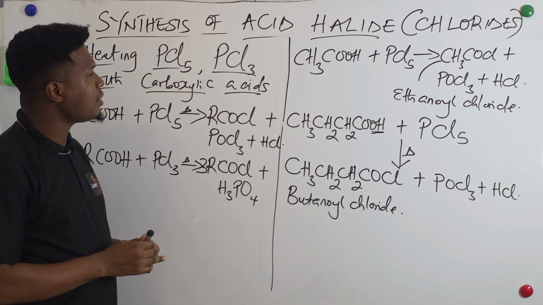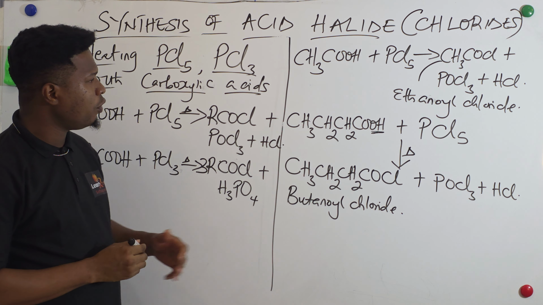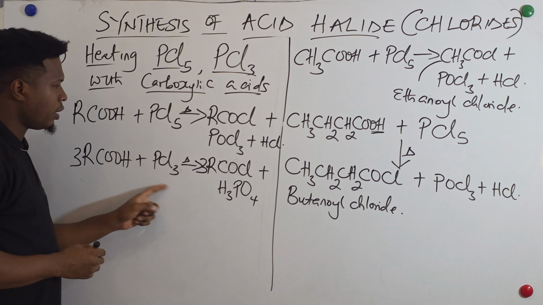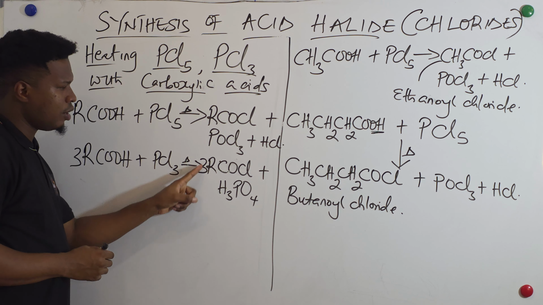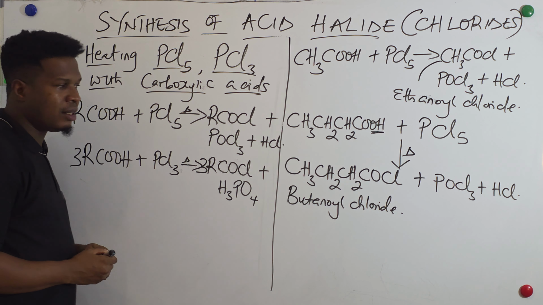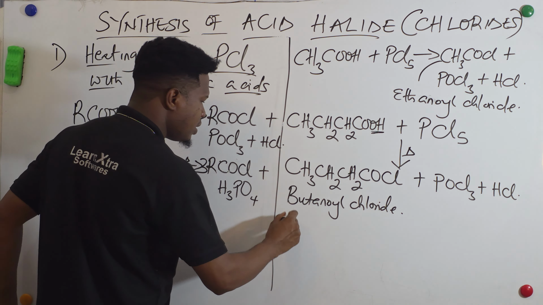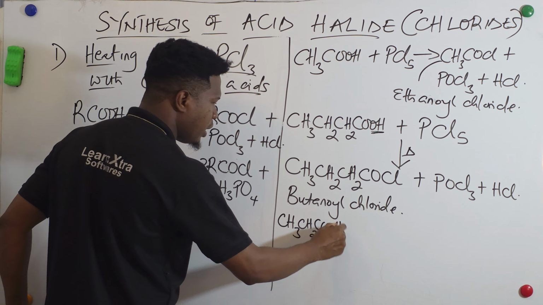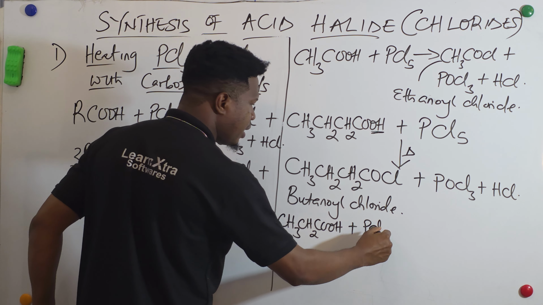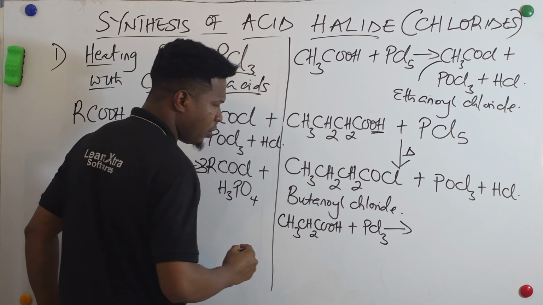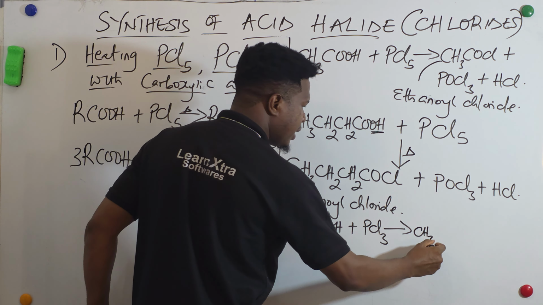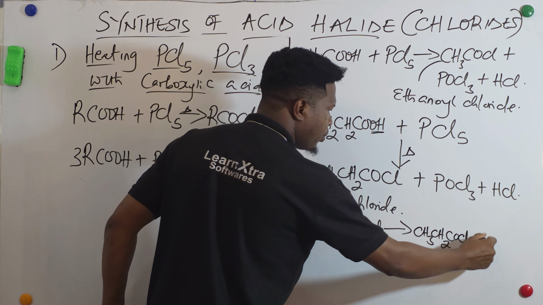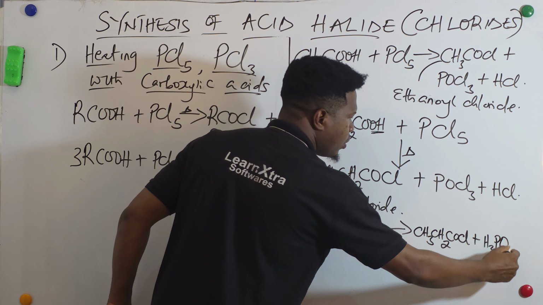This is a method we can use. If you use phosphorus trichloride, you can also get the acid chloride; you just balance the equation. For example, CH3CH2COOH plus PCl3 will give us CH3CH2COCl plus H3PO4.